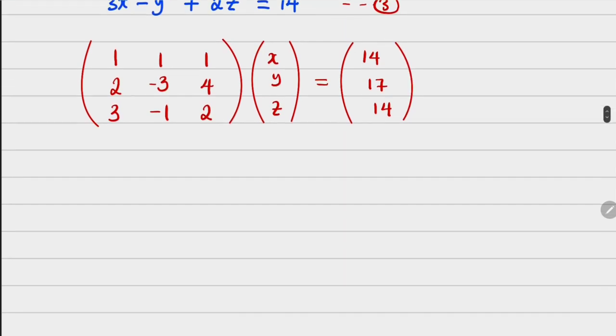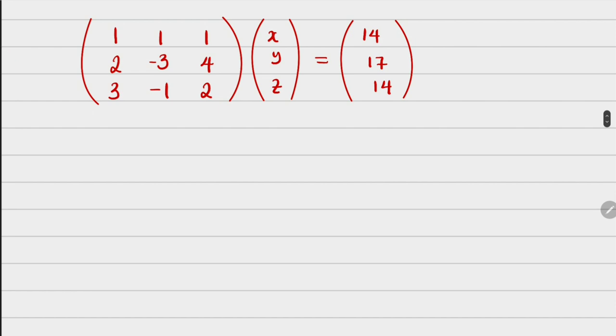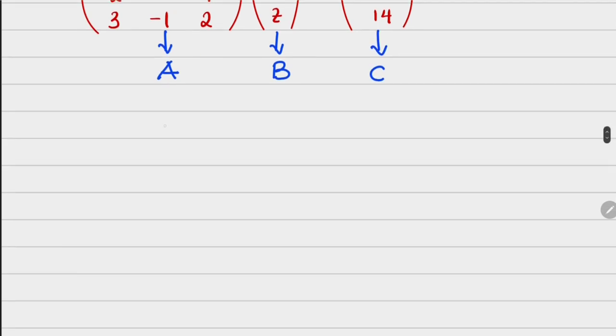Okay, so take note. Once we have this, let's represent this as A, then let's represent this as B. Let me put an arrow so that you understand what I'm doing. Then let's represent this as C. Now, do you know this is equivalent to saying A times B equals C?